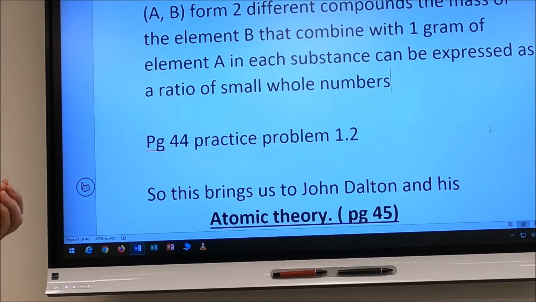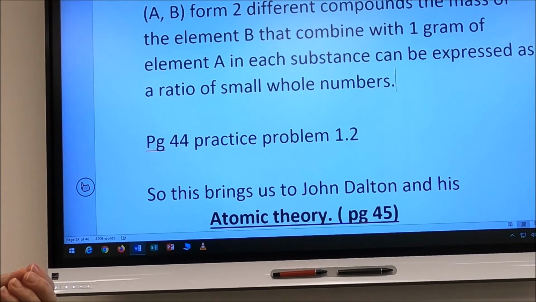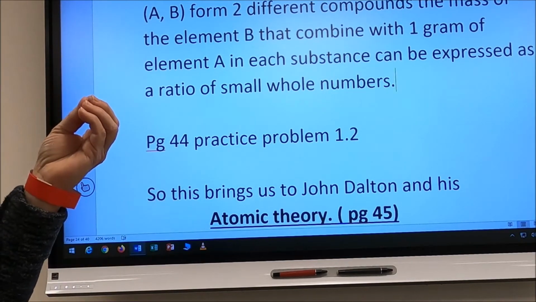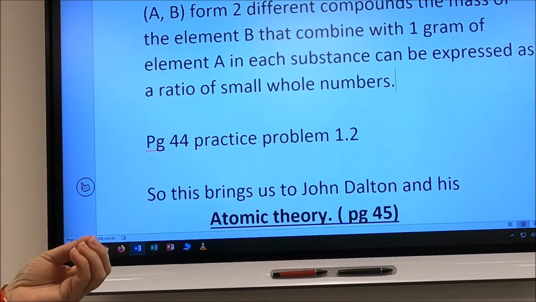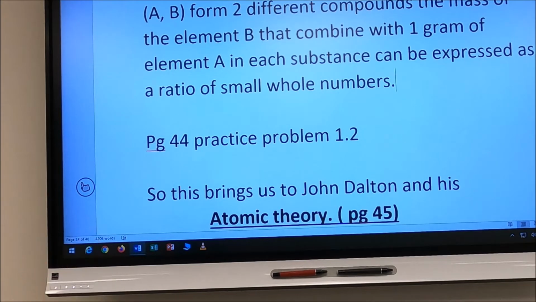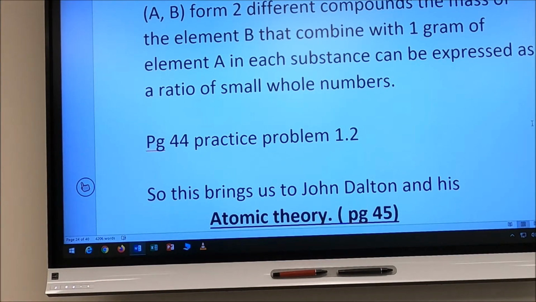If I look at the amount of oxygen that combines with 1 gram of hydrogen in water, and I look at the amount of oxygen that combines with 1 gram of hydrogen in hydrogen peroxide, those 2 amounts of oxygen are going to be related to each other by a small whole number ratio, like 1 to 2 or 3 to 4. But it'll be a nice small whole number ratio.